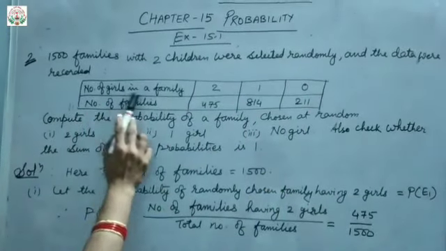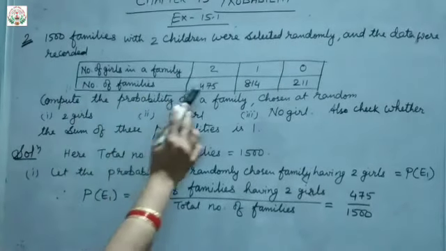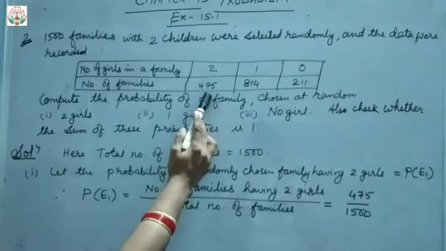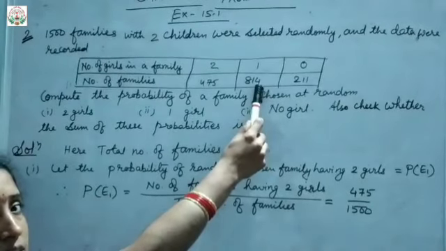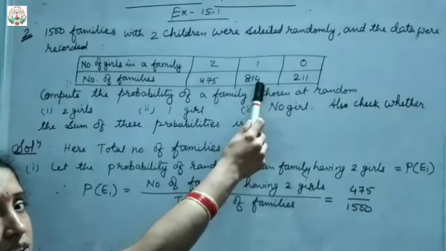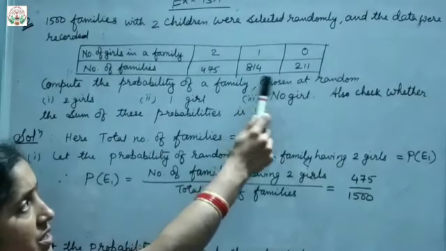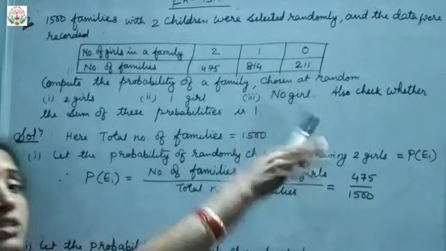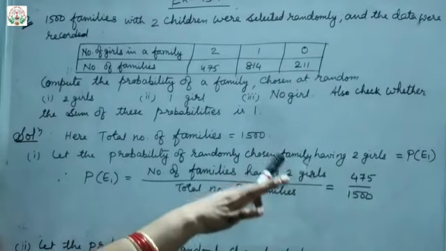Here are the number of girls in a family and the number of families: 2 girls, 475 families; 1 girl, 814 families; and 211 families where no girls are there, meaning both are boys only.